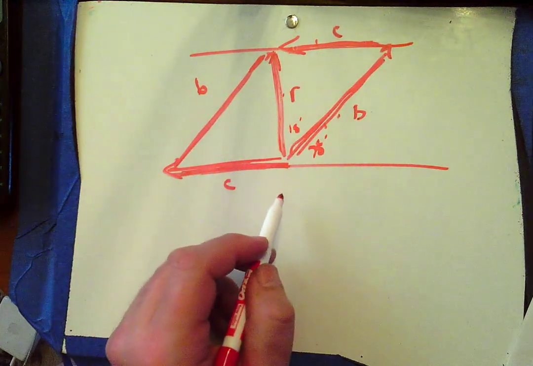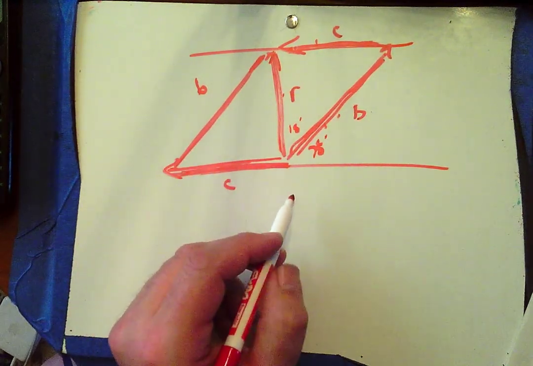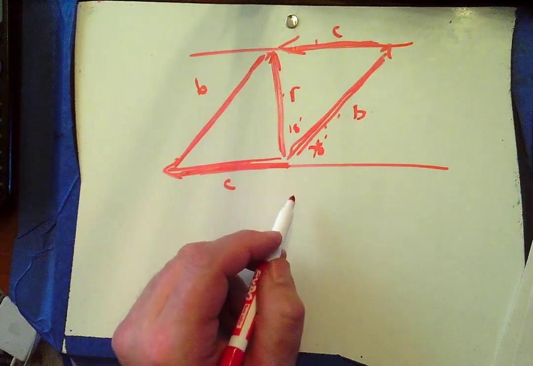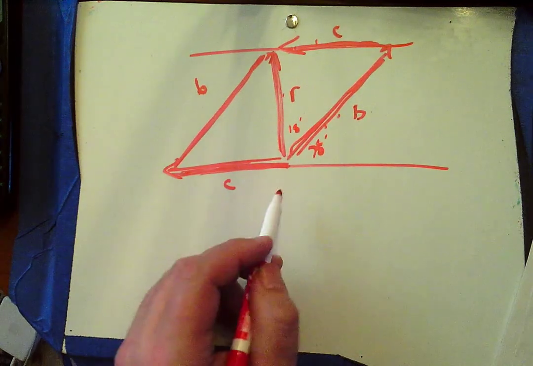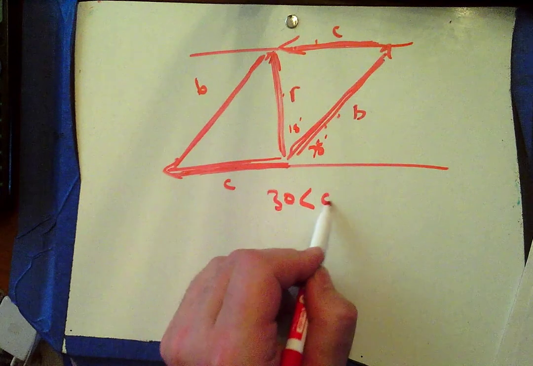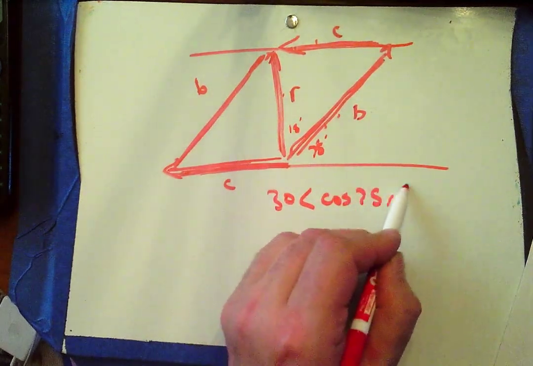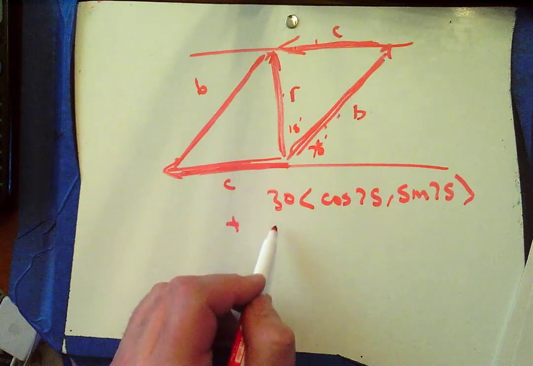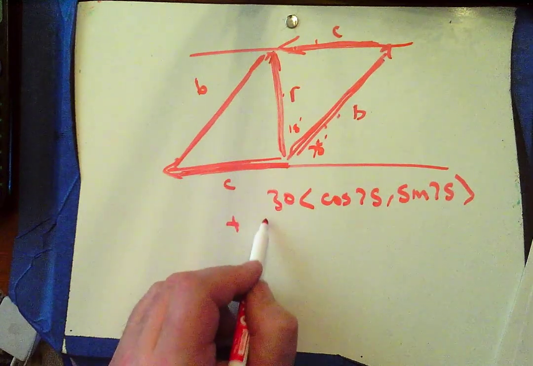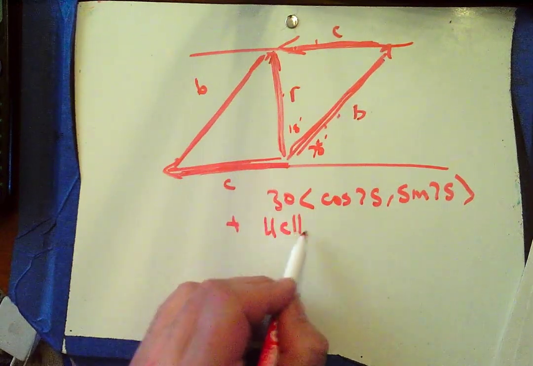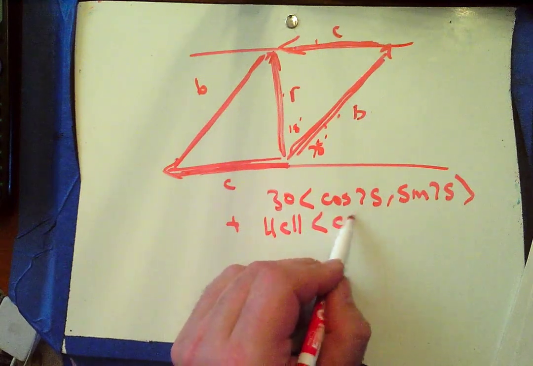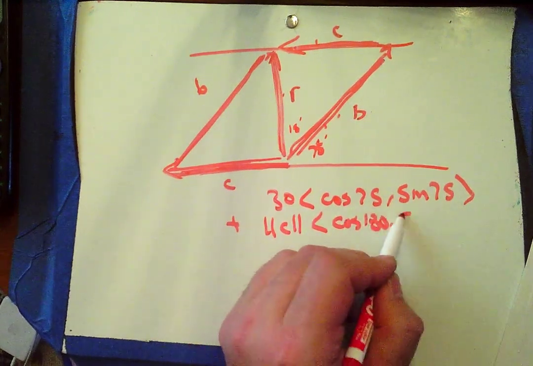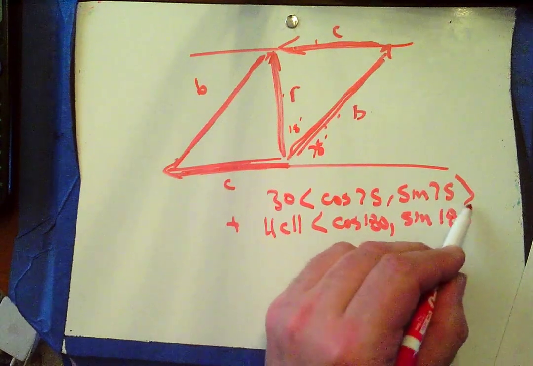And so I want to say 30 miles an hour, 30 cosine 75, sine 75, plus the current. Ooh, I don't know the magnitude of the current. Magnitude of the current, cosine 180, sine 180.